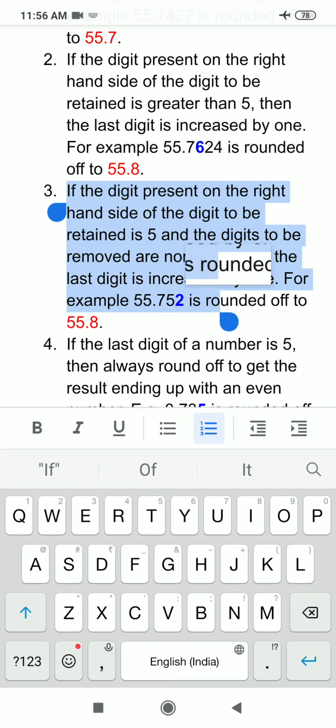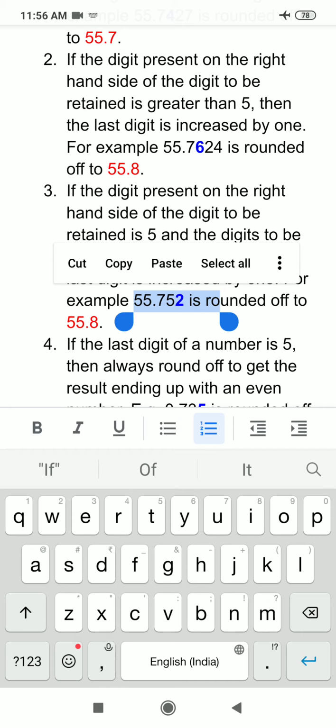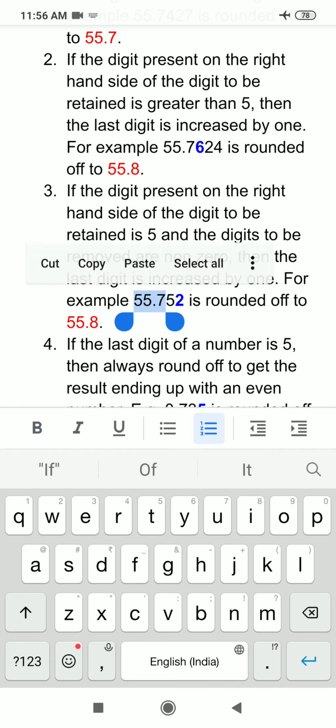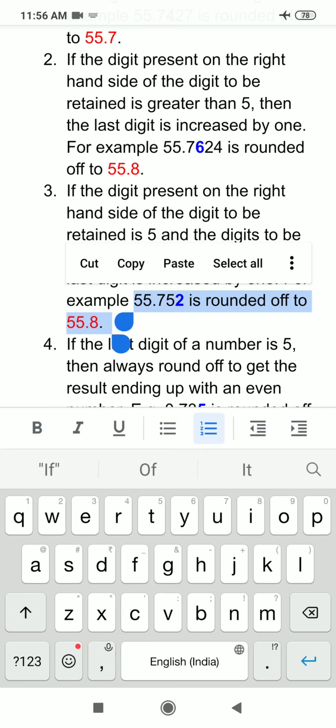For example, if I have 55.752, in this case I wish to retain 7. I have 5 on its right, but 5 is followed by 2, which is non-zero. So in this case I will round it off to 55.8. Why?